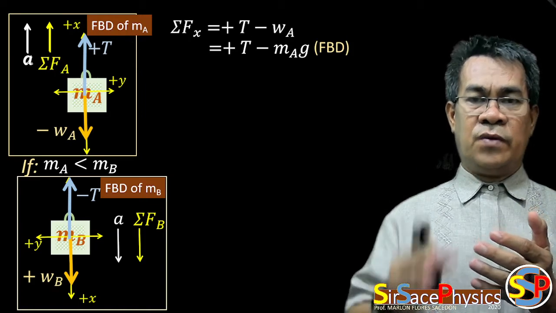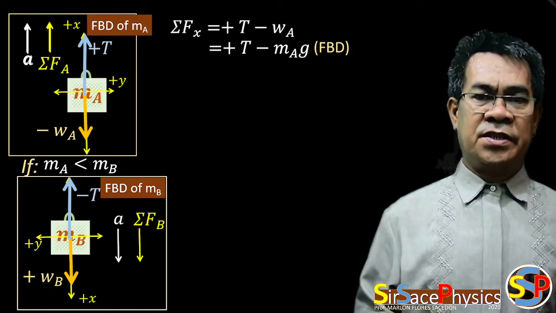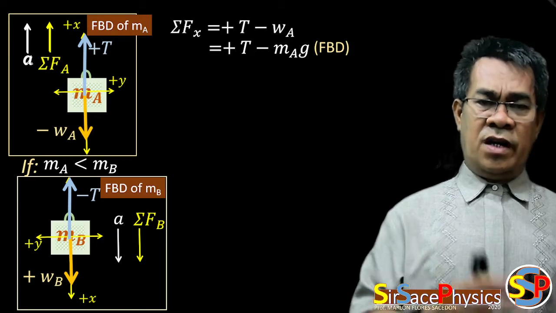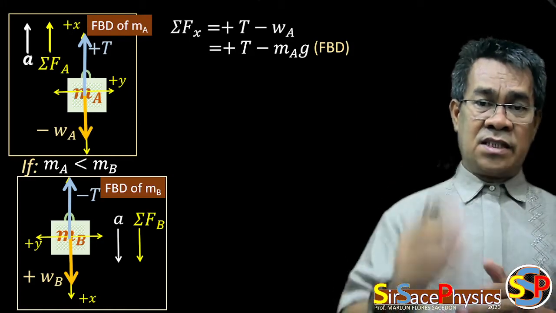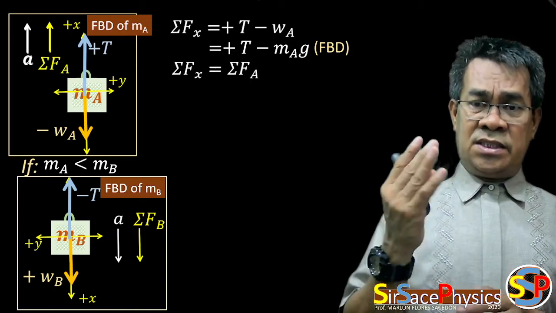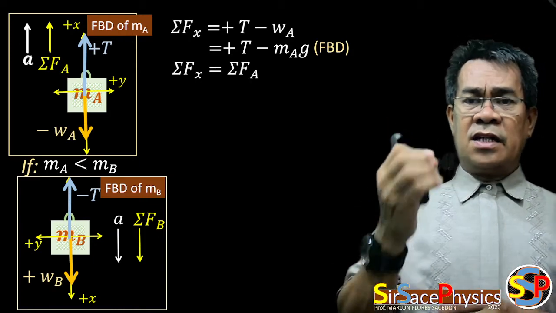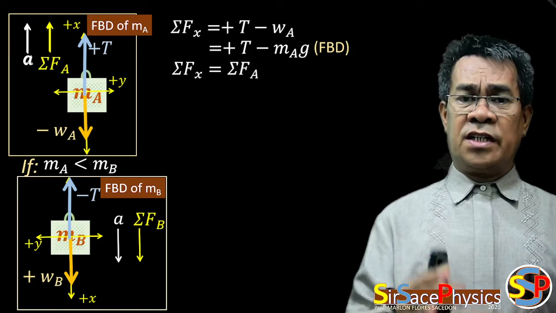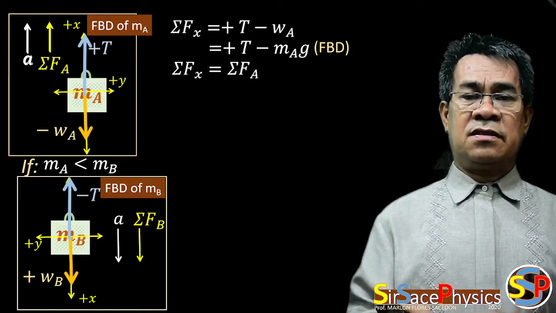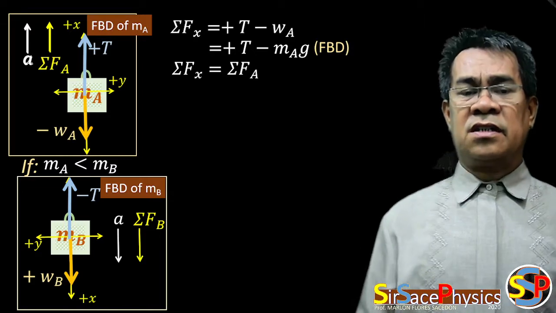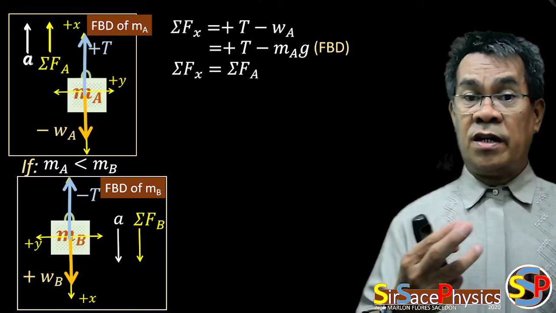So we need only the net external force along X. In fact, we set the axis upward to ensure that if you sum up all forces along X, it is equal to the net external force of A.